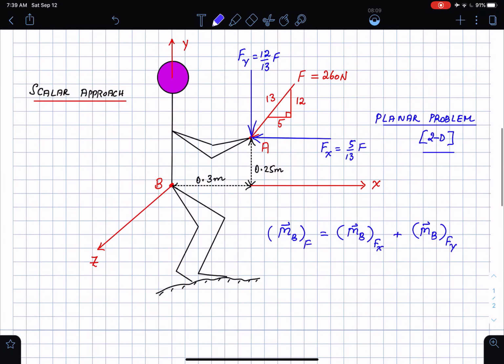Let me scoot down a little bit and write that here. So the moment about B due to the force Fx, that's the first thing I'm going to write. This is the magnitude of the force, which is 5 by 13 F, times the perpendicular distance from the force F to the point B. Look at this.